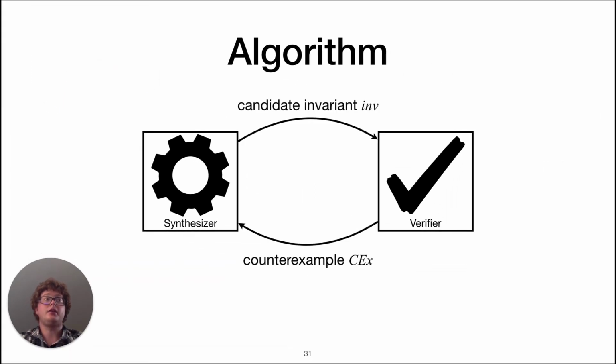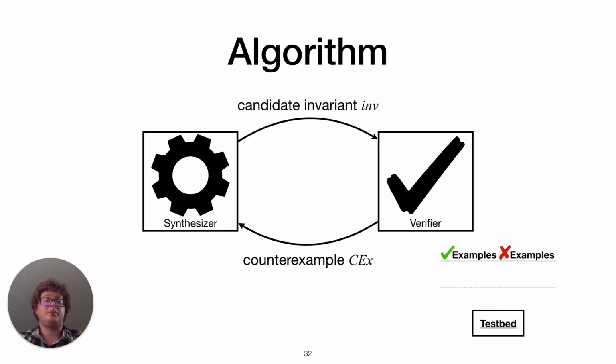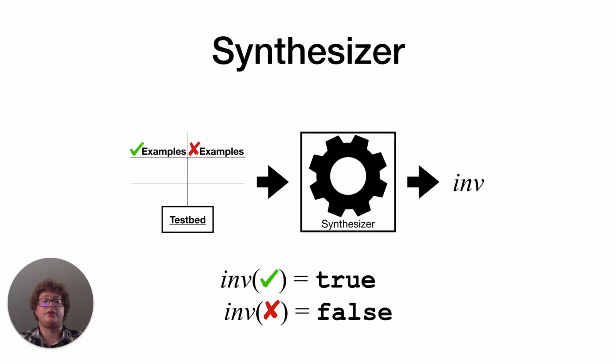In a standard data-driven synthesis approach, the synthesizer proposes candidate invariants, inv, and the verifier proposes counterexamples back. They do this communication using a testbed of positive and negative examples. For the synthesizer, this testbed serves as a means of specification.